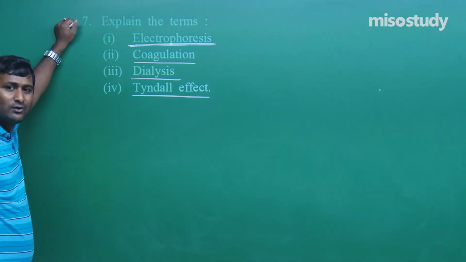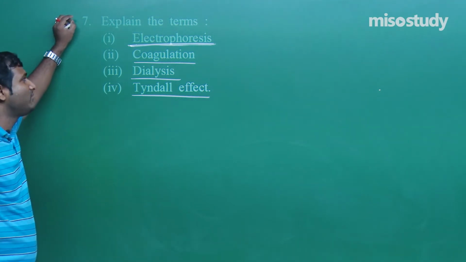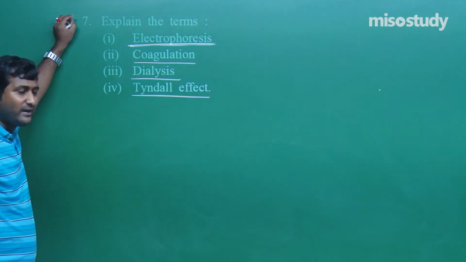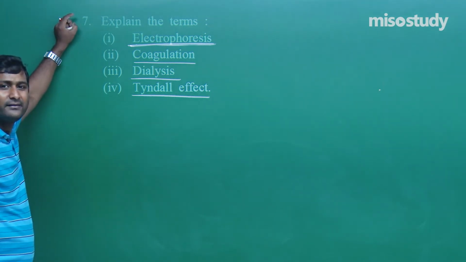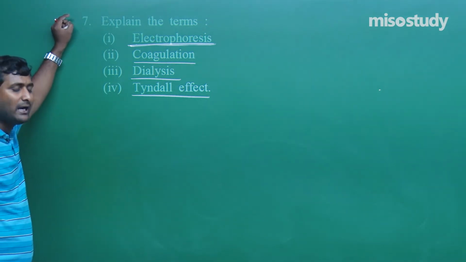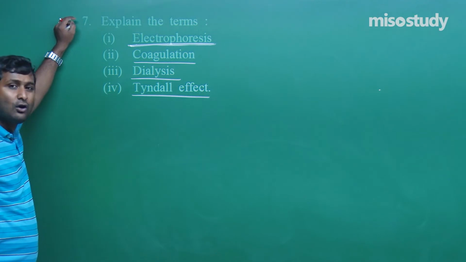Electrophoresis or cataphoresis: the movement of the colloidal particle under the influence of an electric field is known as electrophoresis or cataphoresis. It decides whether the colloidal sol is positive sol or negative sol. Now what is coagulation?